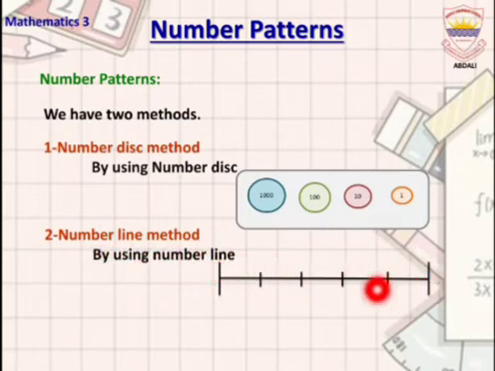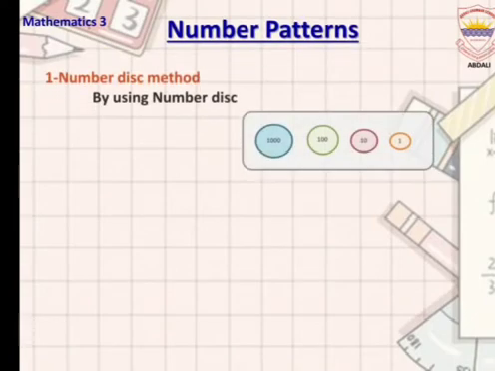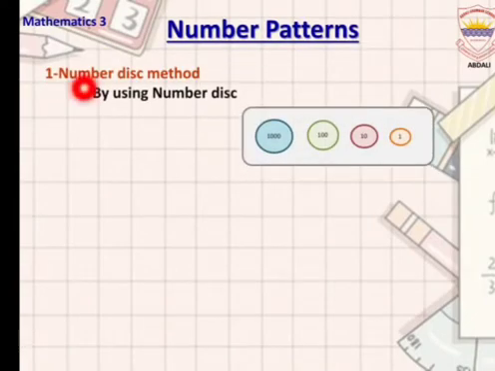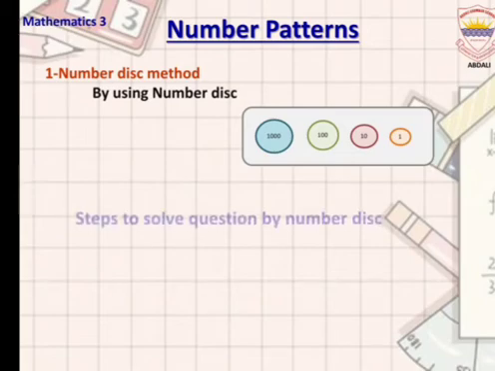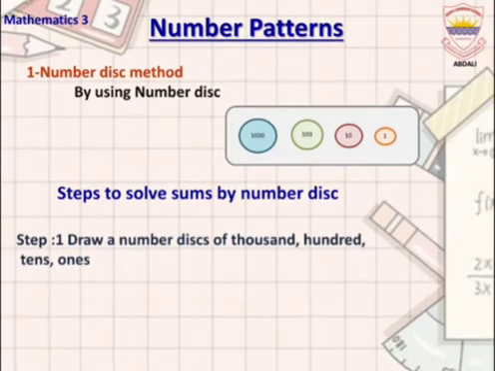Here, students, a number line is shown. Now let's start to solve our question by our first method, the number disk method. For the number disk method, we have steps to solve sums. Students, learn these steps one by one.